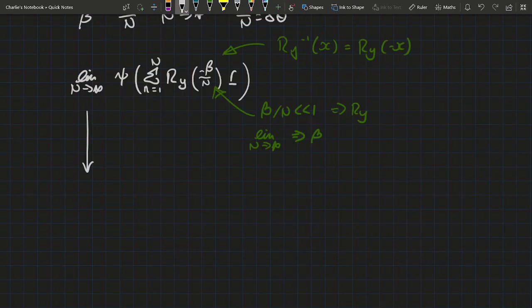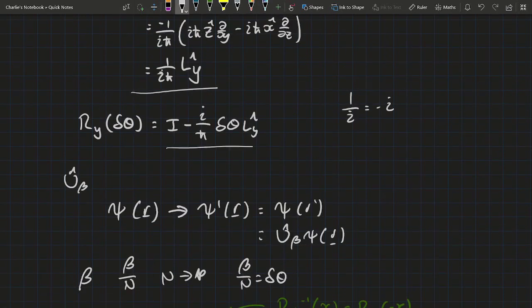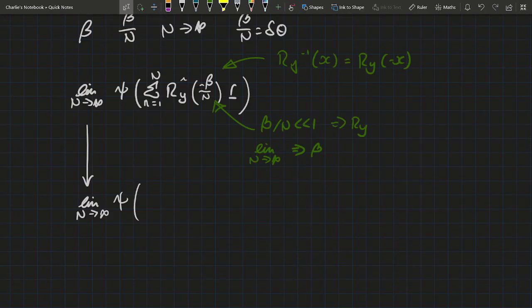Expanding out the inside of the brackets gives us the limit as n tends to infinity of ψ, and letting the operator R_y hat act on r, using our expression for R_y(δθ) earlier, we have r minus the sum from n equals 1 to n of β/n times s2 r.